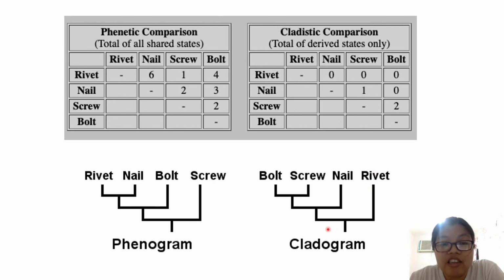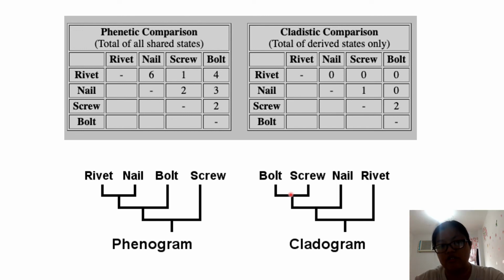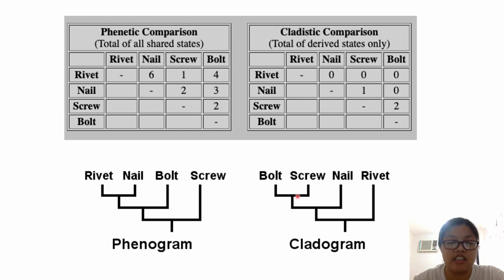Then the nail derived some characters that made it unique than the rivet. And then bolt and screw, as they are closely related to each other, might have derived more characters from a nail-like ancestor. Right? So it tells us the changes that happen from the rivet to the nail to screw and to bolt.